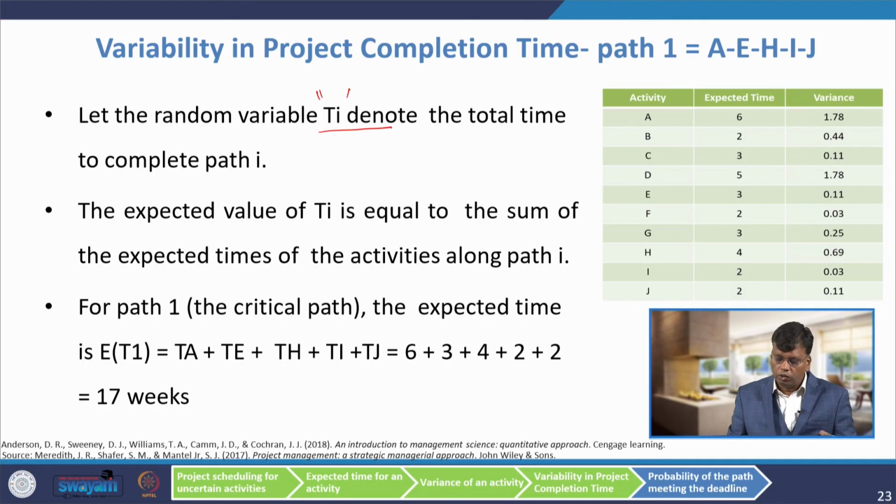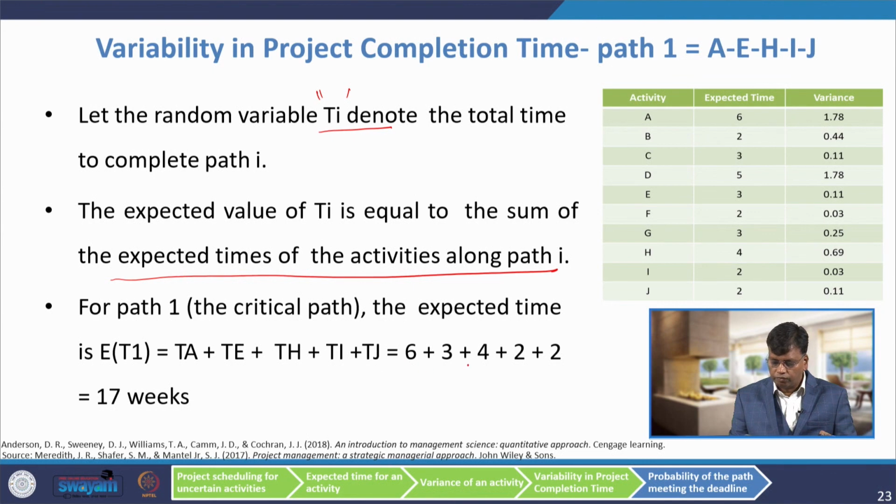The expected value of T_i is equal to the sum of the expected times of the activities along the path. That is what we got, 17. For example, path 1, the critical path, the expected time is T_A, the time for activity A, E, H, I, J.